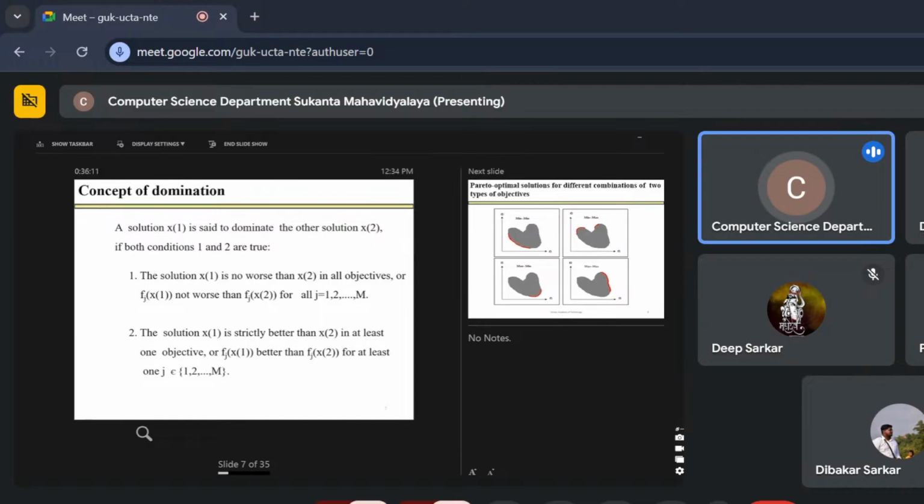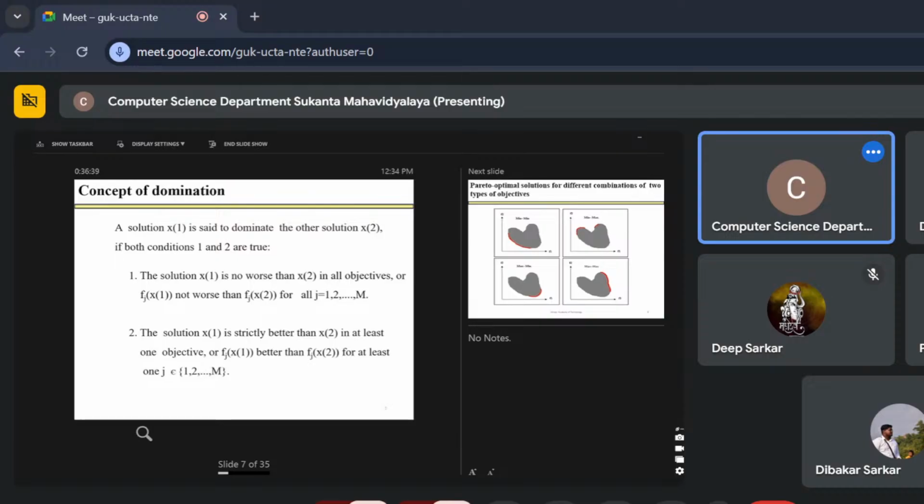x1 is no worse than x2 in all objectives. So if I want to ascertain which one is larger compared to the other, then no worse than means, in that case, not less than.